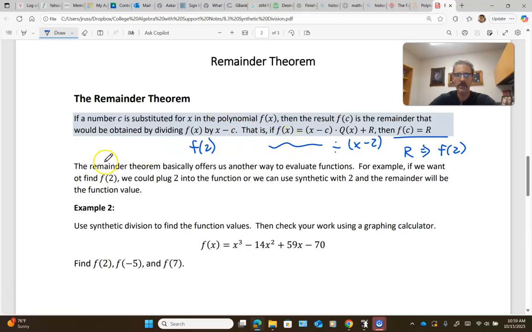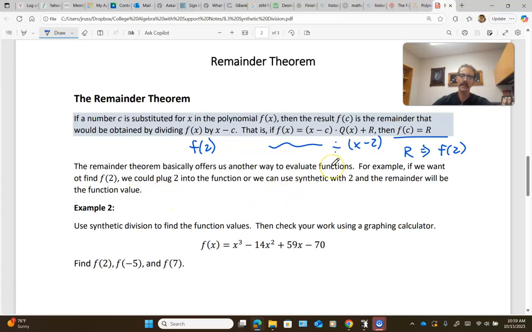Okay, so yeah, the remainder theorem offers us another way to evaluate a polynomial. For example, if we want to find f of 2, we could plug 2 into the function the way we've always done, or we can use synthetic division with 2, and the remainder will be the function value.